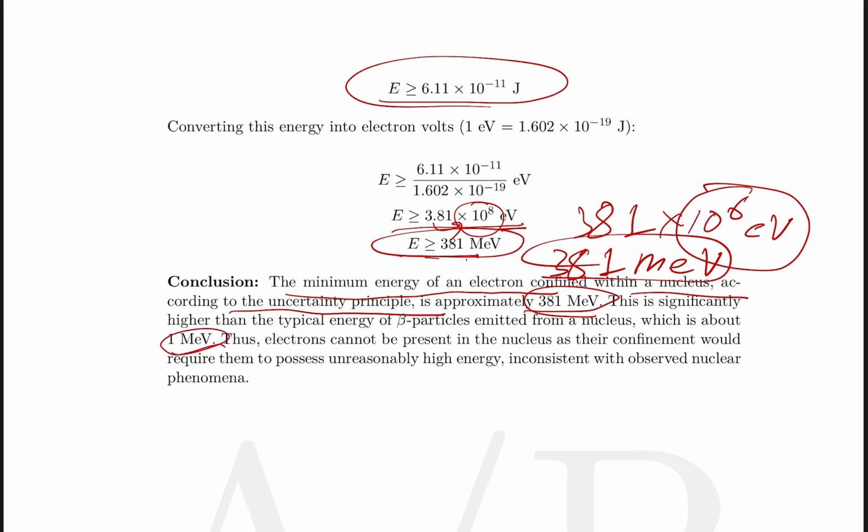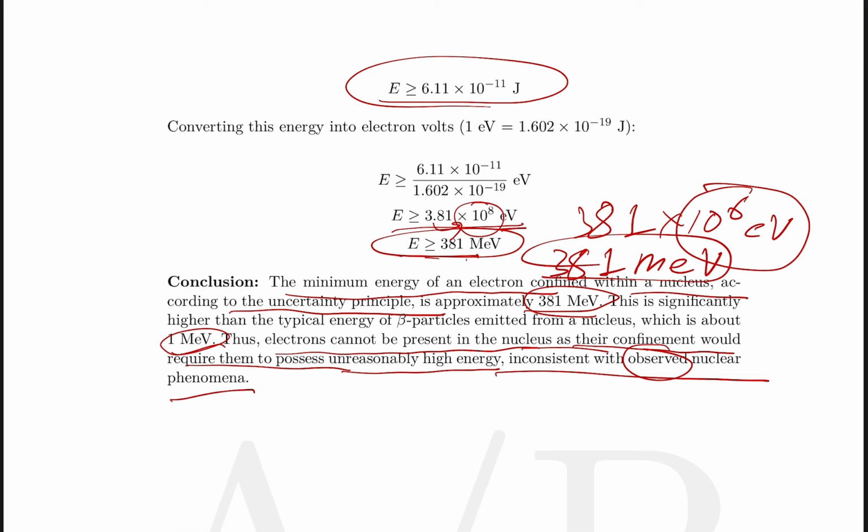So whenever there is a beta particle emission and we experimentally try to find out the energy of the electron emitted, we see that the energy associated with that particle is about 1 mega electron volt. Therefore, electrons cannot be present in the nucleus, as their confinement would require them to possess unreasonably high energy, that is inconsistent with the observed, or you can also say experimental, nuclear phenomena.